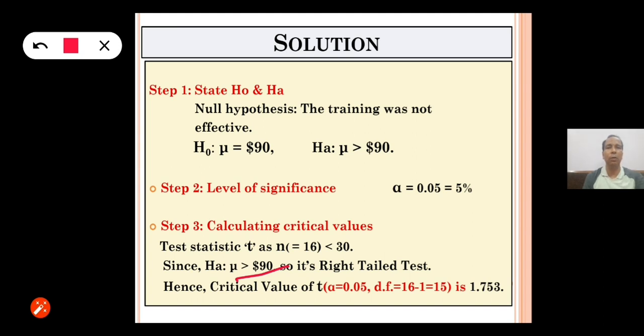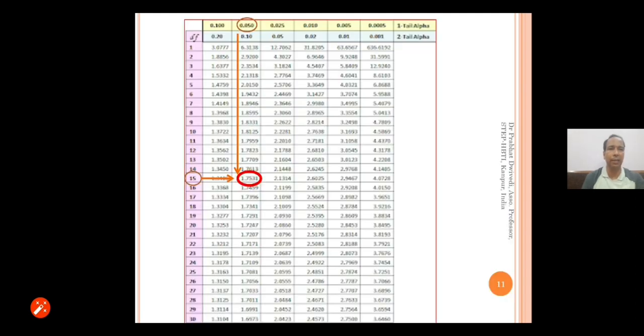The critical value of t is at the 5% level of significance with degrees of freedom. Degrees of freedom is, learners, sample size minus 1. So 16 minus 1, that is 15. So the critical value of t is 1.753. Let's see how we have found this 1.753 in the next slide.